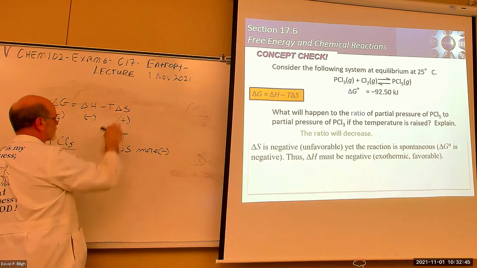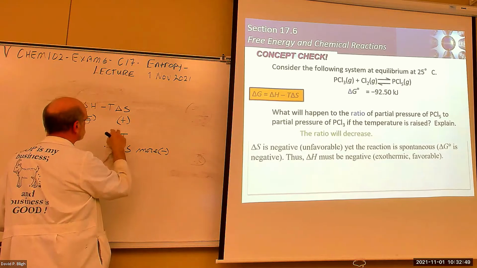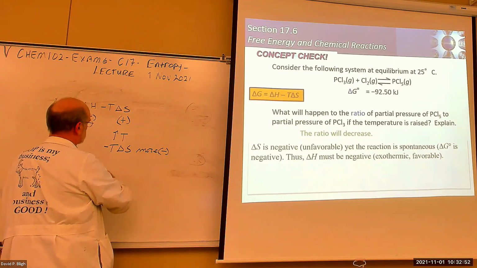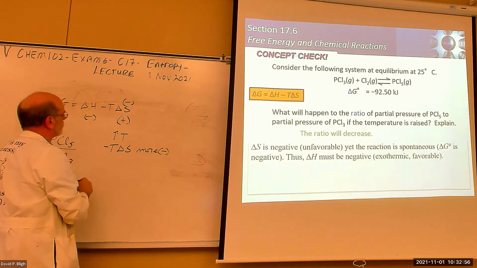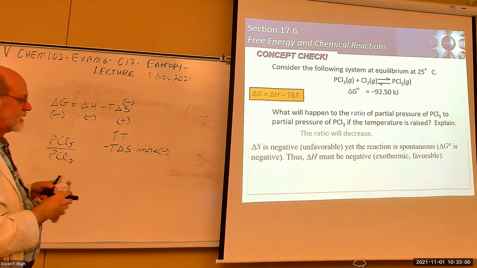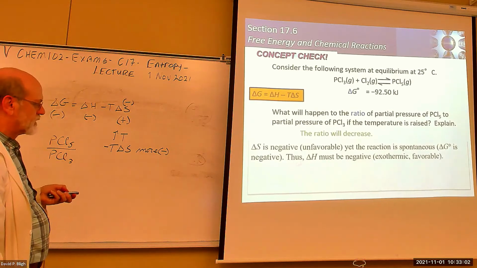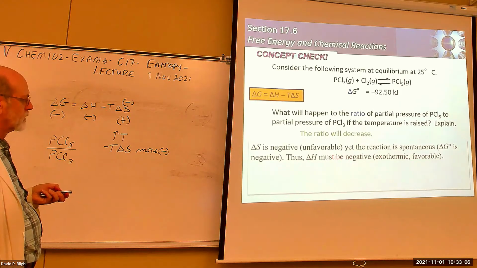The whole term has to be positive. But delta S is negative. Okay. Reaction is spontaneous, that's true. That's delta H must be negative, exothermic, which is favorable.